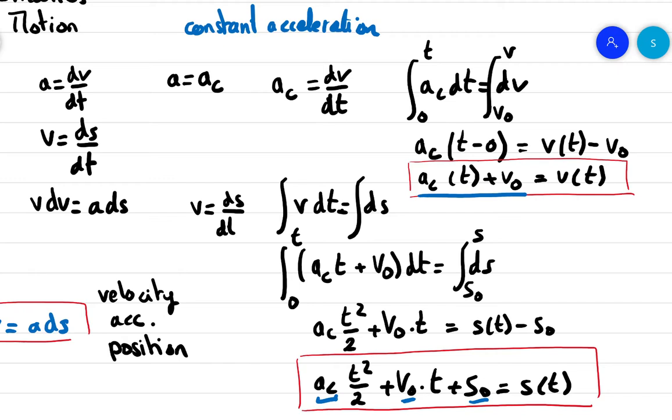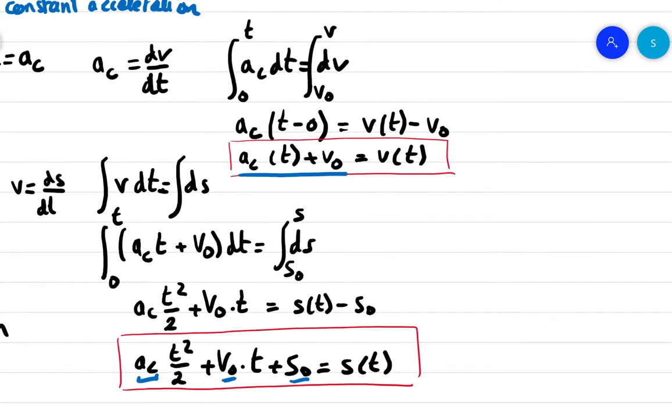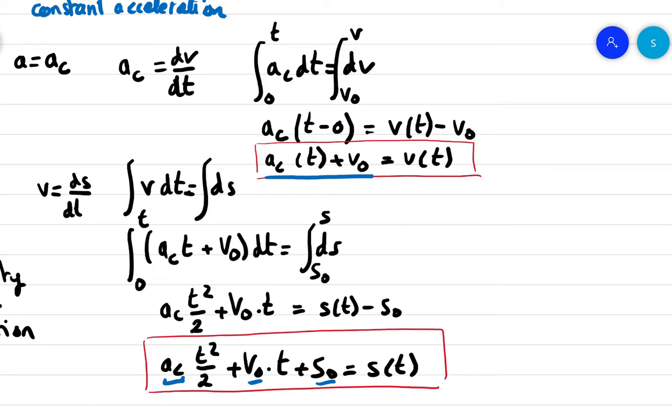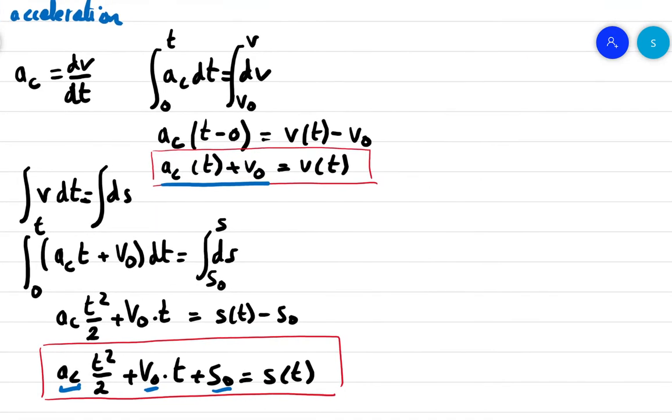Okay, and now we have the last one. We will use this formula. Let me go to the right, I want to have enough space. So we have v dv equals a ds. And we can take the integral of both sides. On the left is the integral of v dv, from v naught to v.